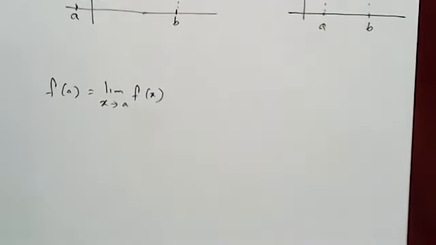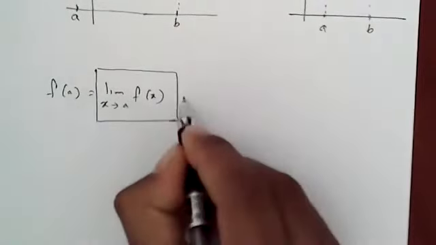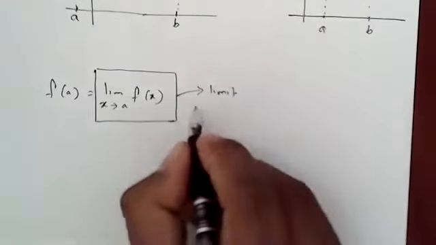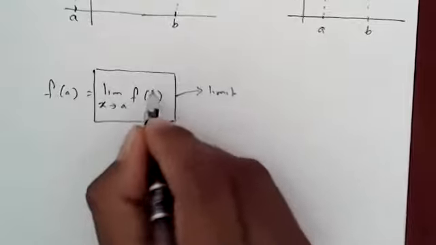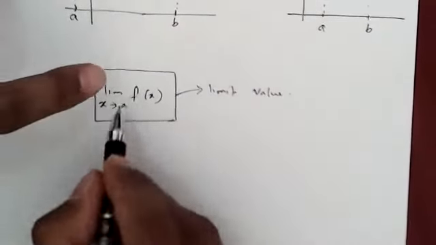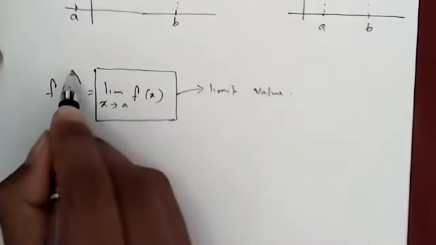Now, what does it mean? This part is the limit, as I have just described. The limit, or this particular value, is sometimes also called the limiting value. It is the value we get from the whole concept. And what is f of a?